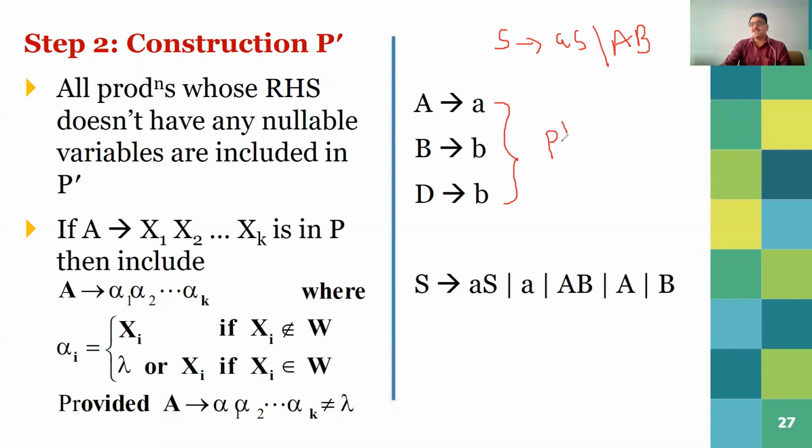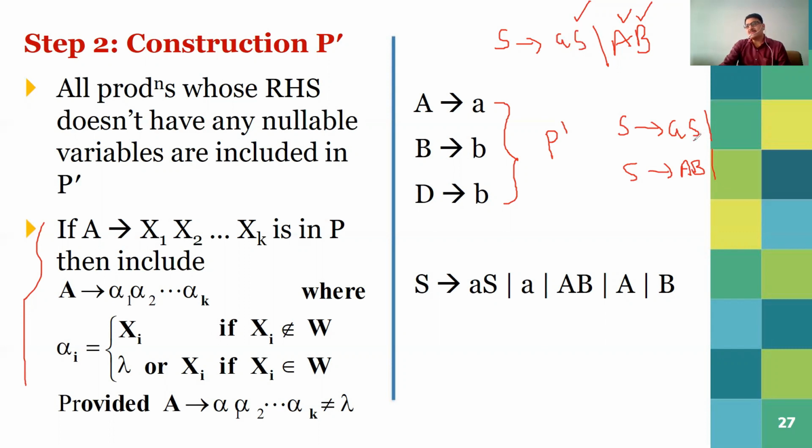Now we have to apply this step on the start symbol S, because in this case S, A and B are the nullable variables and all the variables are present in the right hand side. So now just see, S to AS is a production, and another production is S to AB. Since A, S and B, the total three, are the nullable variables, suppose S is the nullable variable because we are obtaining it from step 1.